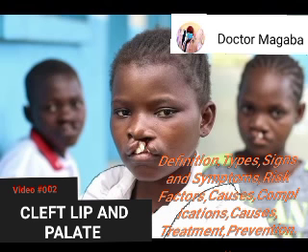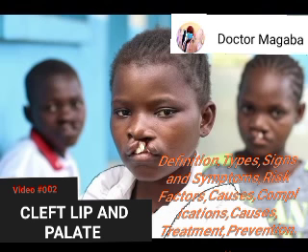All right, we are talking about a cleft lip and palate. First of all, you need to know what a cleft is. A cleft is a split. You can call it a divide. So when we talk about cleft lip and palate, they happen before birth.